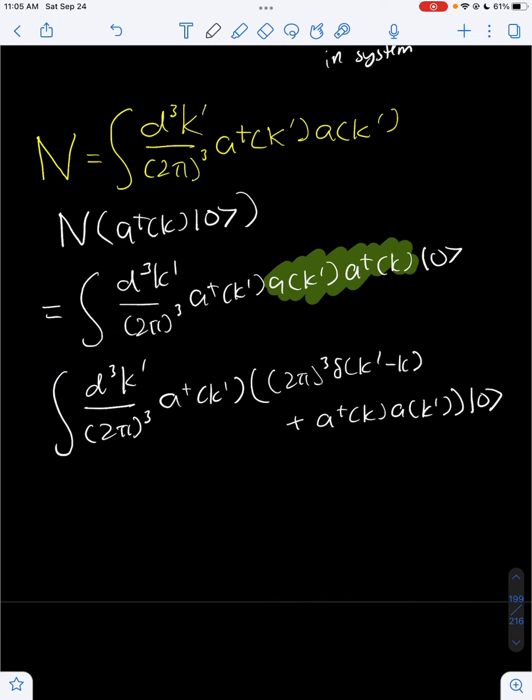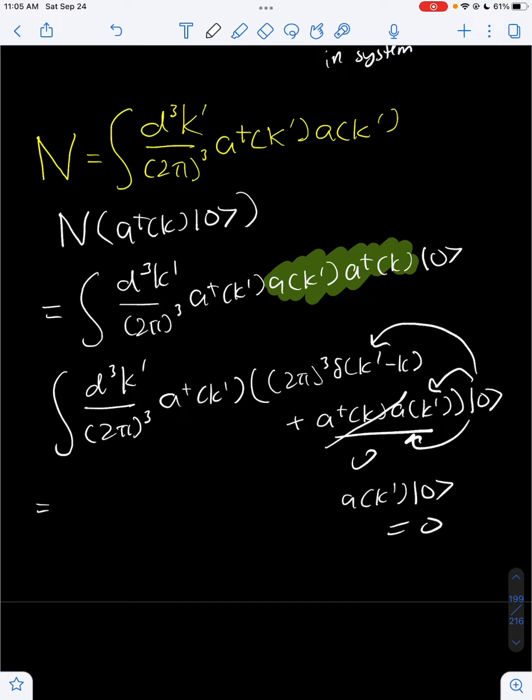What we can do now is distribute this vacuum state on the inside. And we know that once the vacuum state acts on this term over here, we're going to get 0, since A of k prime acting on the vacuum state gives us 0.